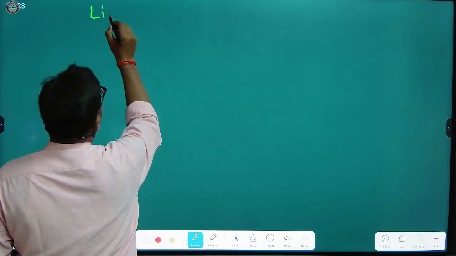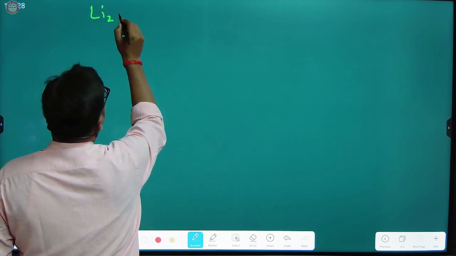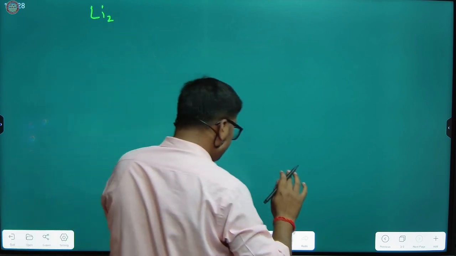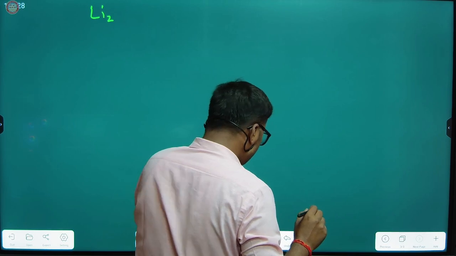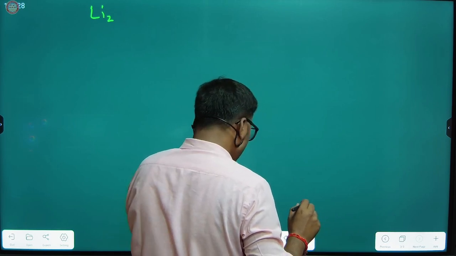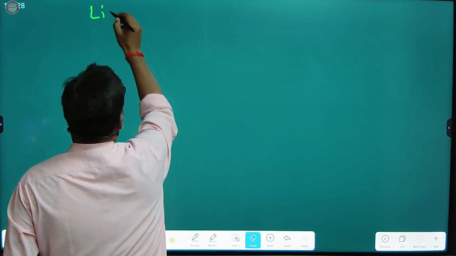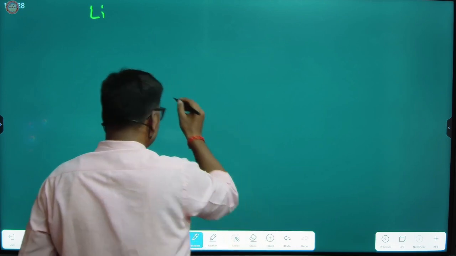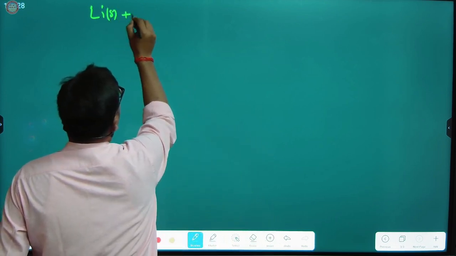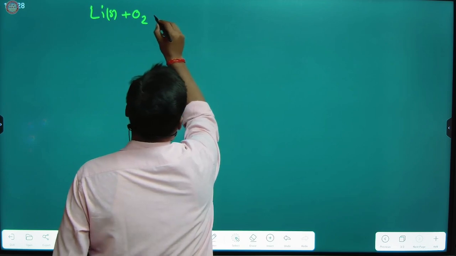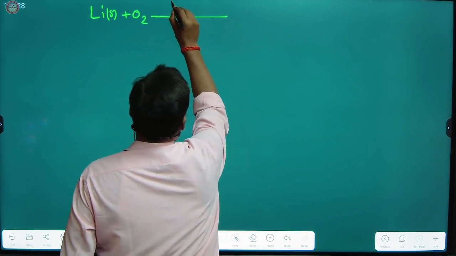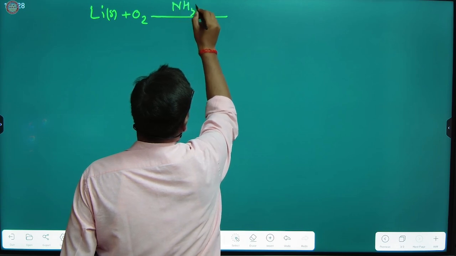lithium solid, plus O2 in liquid ammonia, right?